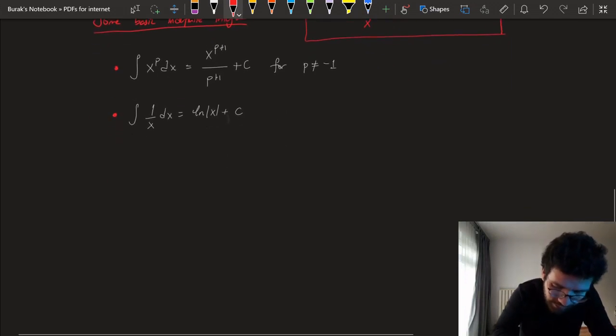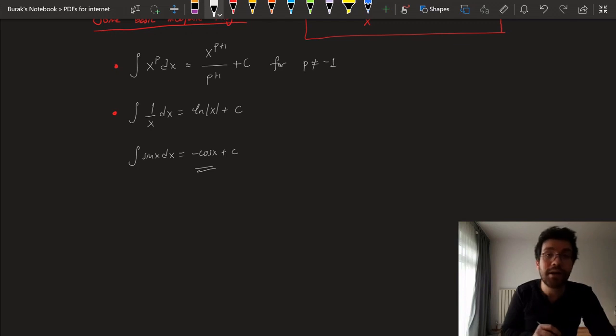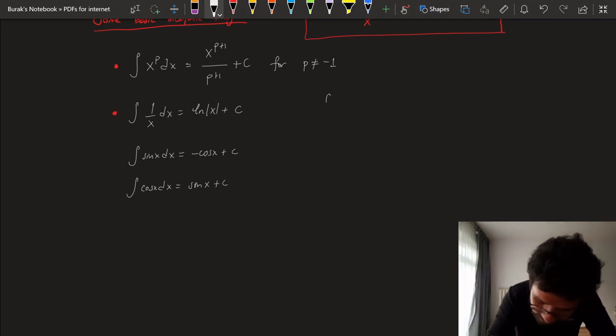Let me list some more indefinite integrals. The indefinite integral of sine is minus cosine. Why? Because if you differentiate minus cosine, you're going to get sine, because the derivative of cosine is minus sine. And if you take the indefinite integral of cosine, you're going to get sine.